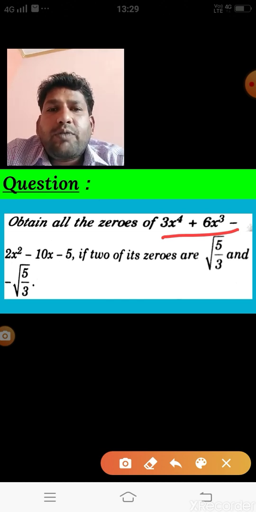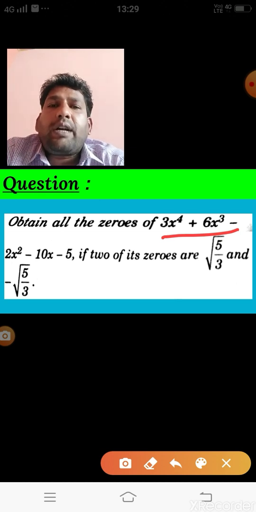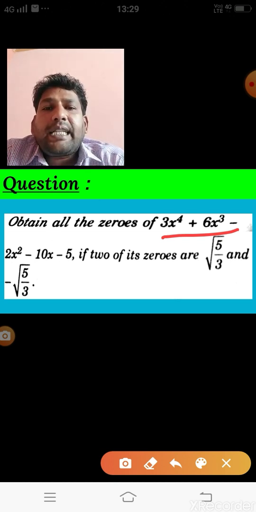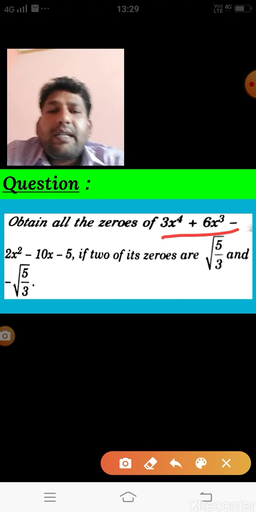If we have these two zeros, then we can form a quadratic polynomial, because the two zeros are given. That quadratic polynomial we take as the divisor, and the given polynomial we take as the dividend. And we know that if we divide the dividend by the divisor, we get the remainder 0.